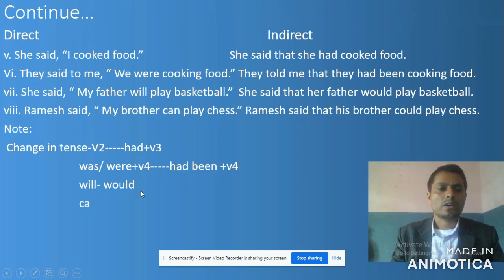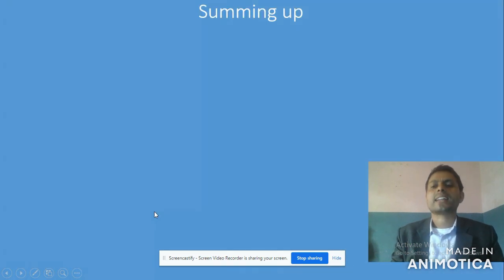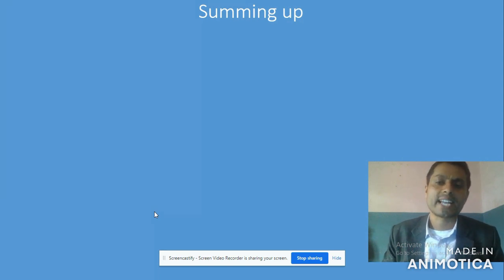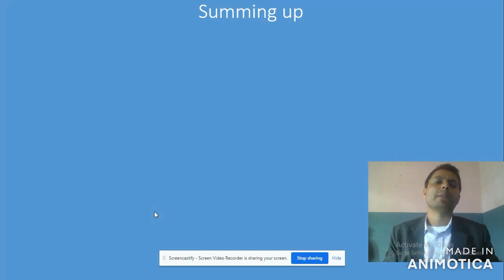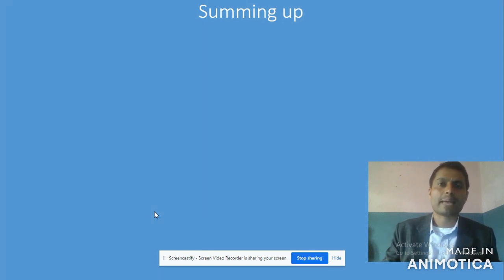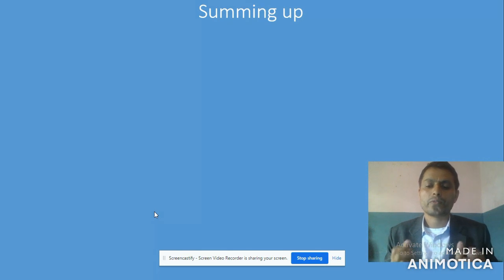So my dear student, you can see here: can becomes could, will becomes would. So these are the changes that we have made from the above example sentences. Now this is the time for summing up whatever we have learned, how to apply the rules. Now I'm going to sum up for you.